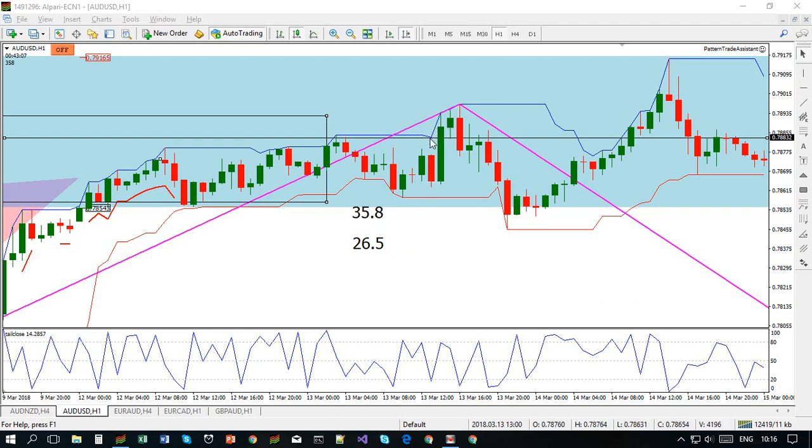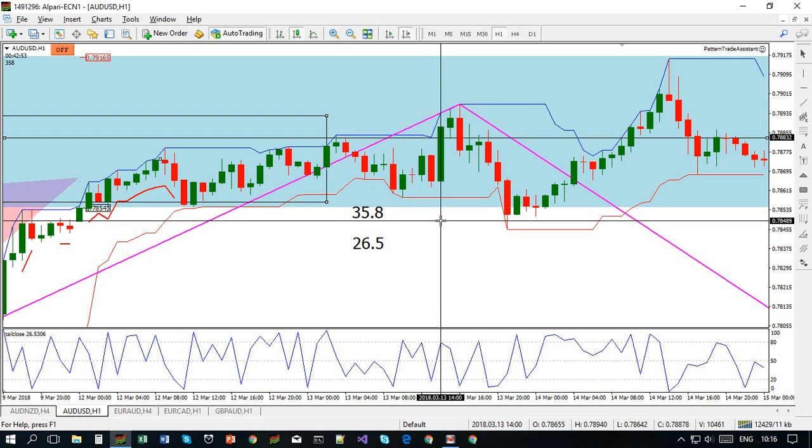Okay, after that, look at this range. We're still in this blue rectangle. If we are in this blue rectangle, our pattern is still valid. If our pattern is still valid, then we'll look at our next trading opportunity. After having this stop loss, what do we need to enter?